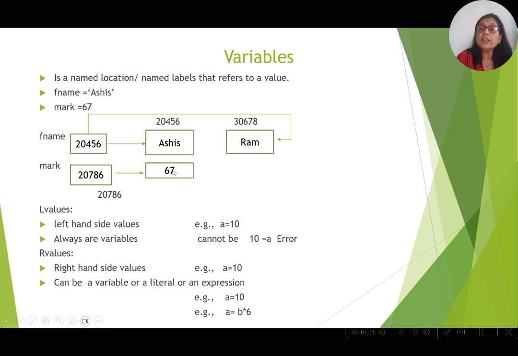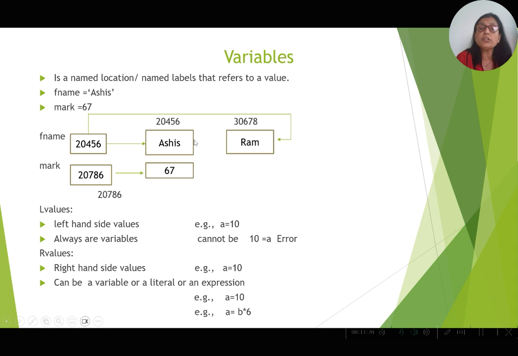So what is the advantage of using this? Now look here, suppose for the first name, instead of Ashish, we give Ram. So what will happen? Ram is stored in the memory location 30678. So fname's 20456 will be replaced by 30678. Instead of referring to 20456, now it will refer to 30678.